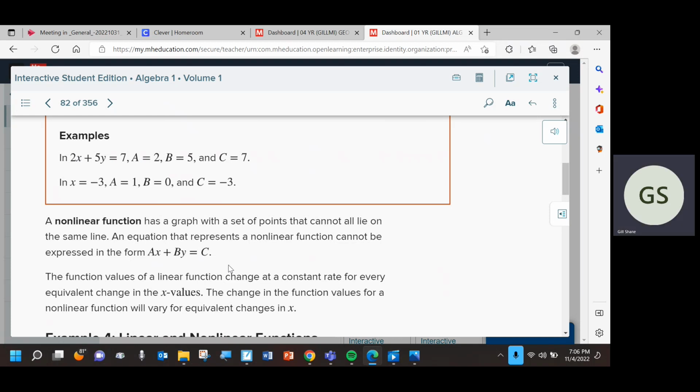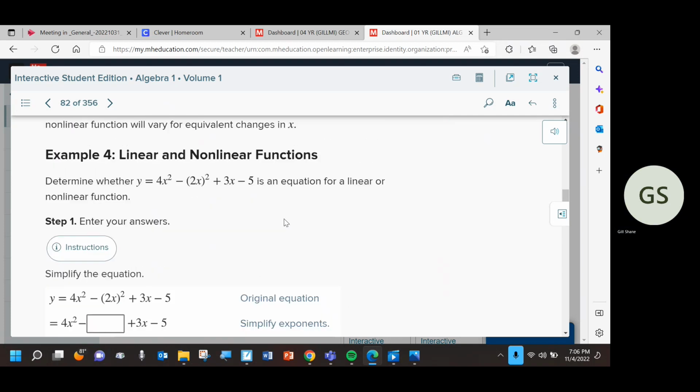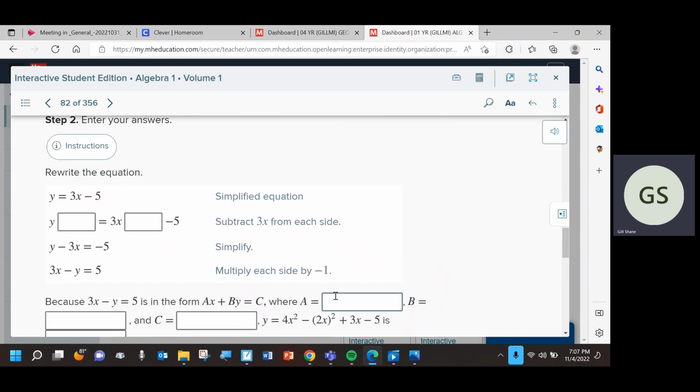But for 1A, we're only going to talk about situations where you either have, like here, an exponent of 2 or higher on one of the variables, or you don't, like this particular equation here. We're going to say this is linear. We're going to say this is nonlinear. Sometimes you can have situations where there is no exponent of 2 or higher, but it's nonlinear. Don't worry about that for now. You'll go over that in Algebra 1.